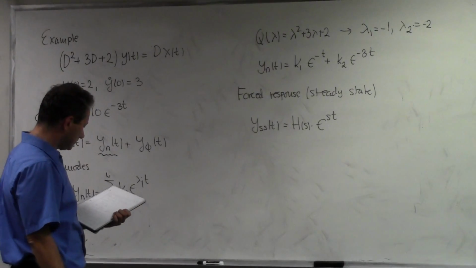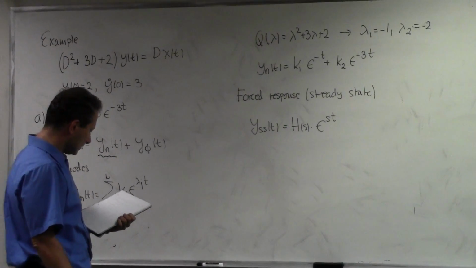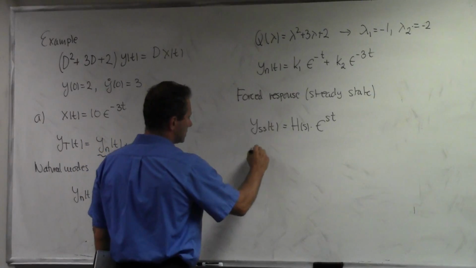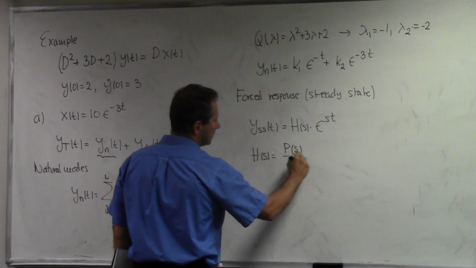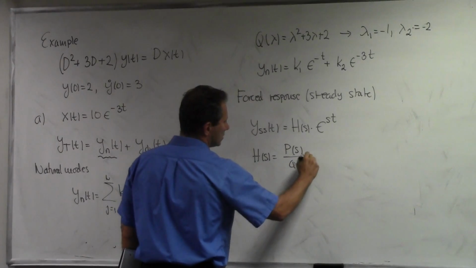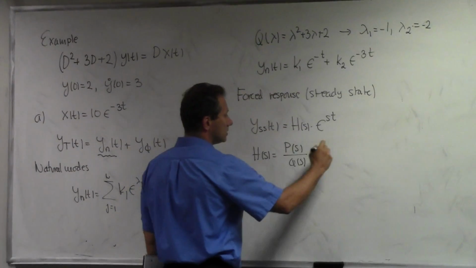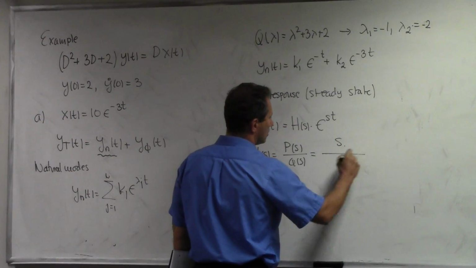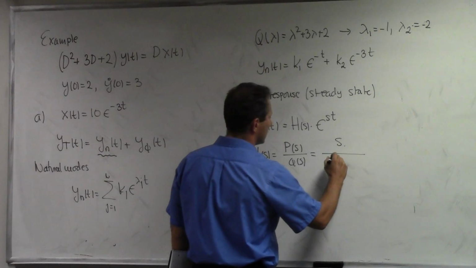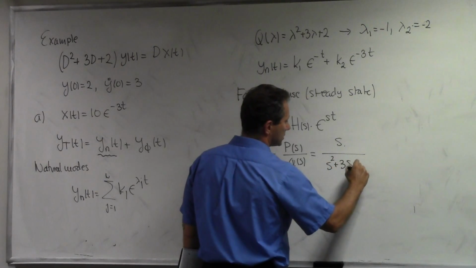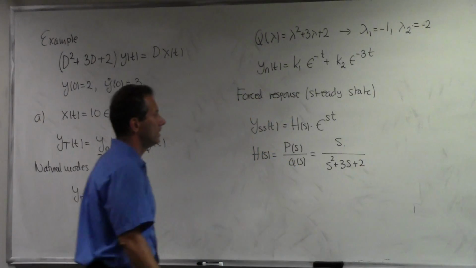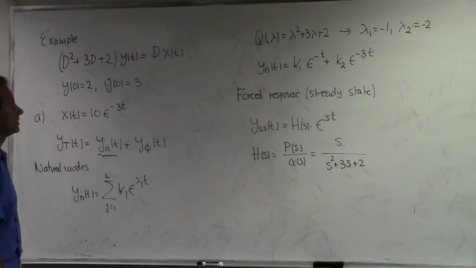Now, what is H of s in this case? H of s is p of s divided by q of s. So in our case, p of s is s, so it's s over s squared plus 3s plus 2. Okay, so this is our H of s.